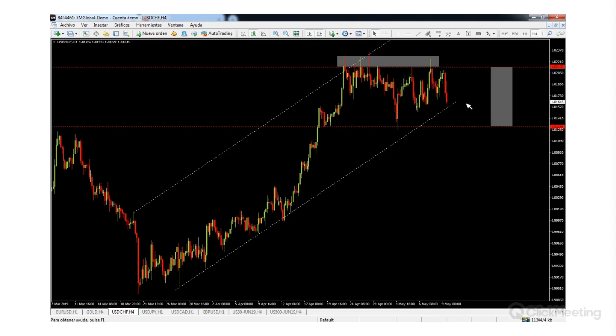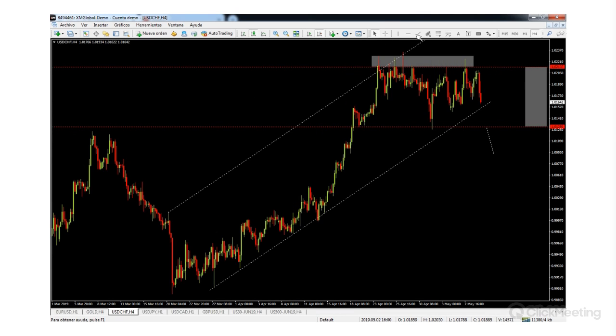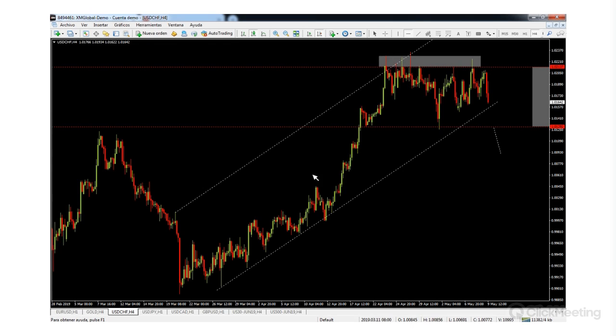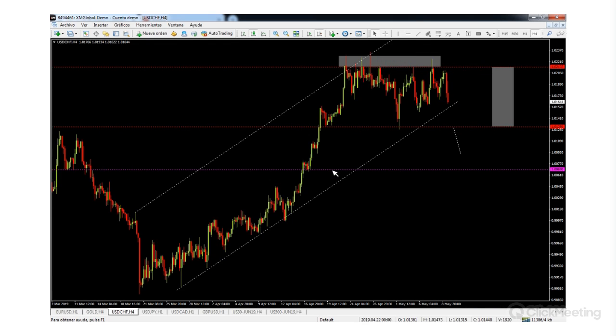And I would not be a seller at the time of the break. If we go down and break the bottom of the range, I'm going to show you the levels. I'm going to use magenta again, guys, because this is a level that is not on the actual range.